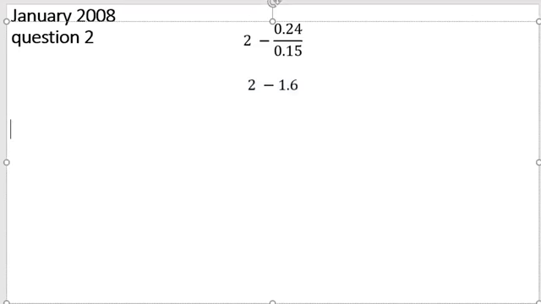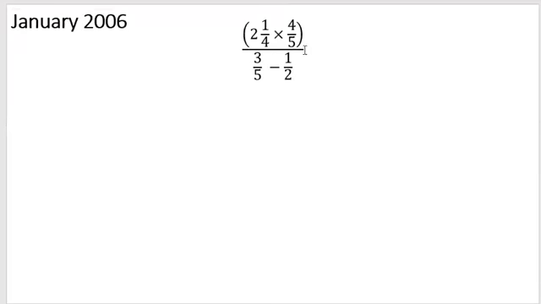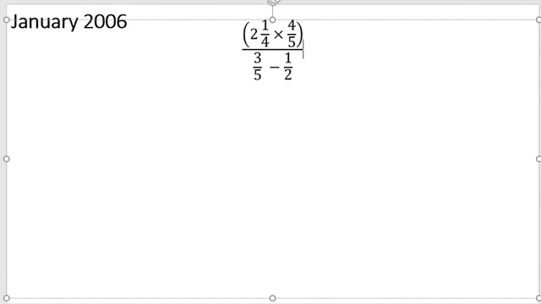And therefore 2 minus 1.6, and you will get 0.4 as your answer, and that is the answer for January 2008, 0.4.